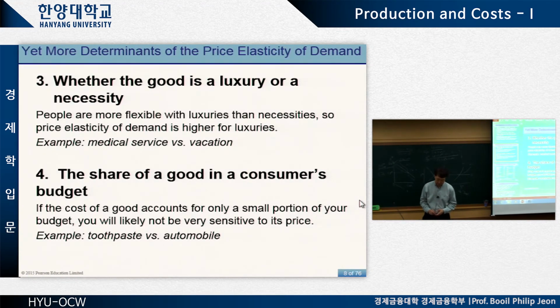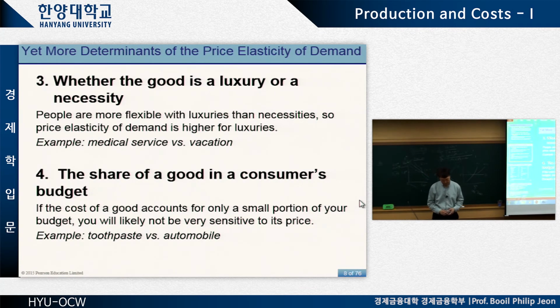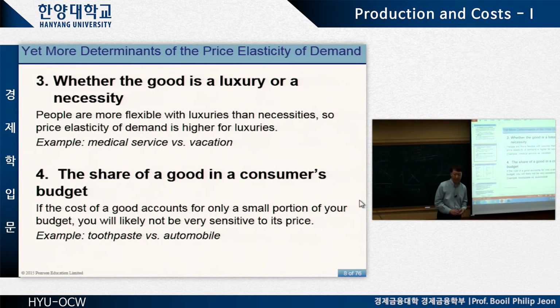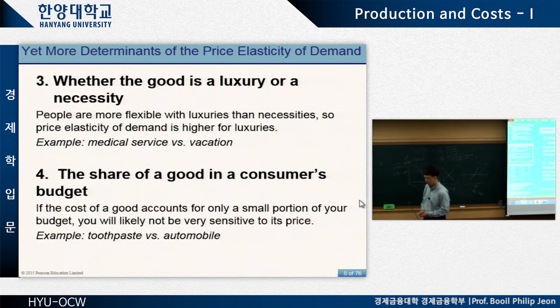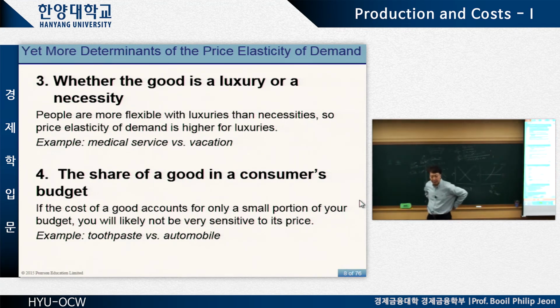Well, share of good in a consumer's budget. Typically in English, there's what we call big ticket item versus small ticket item. Big ticket item means something like automobile or TV sets, something rather expensive, so you don't buy these things very often, maybe once in a few years.